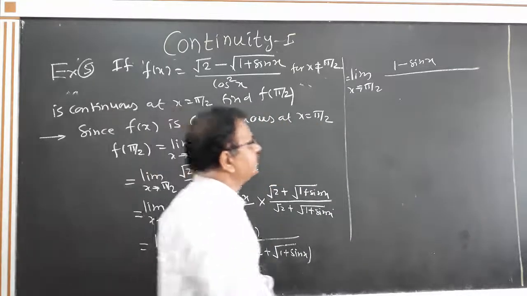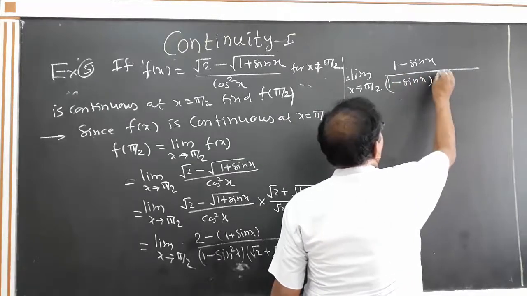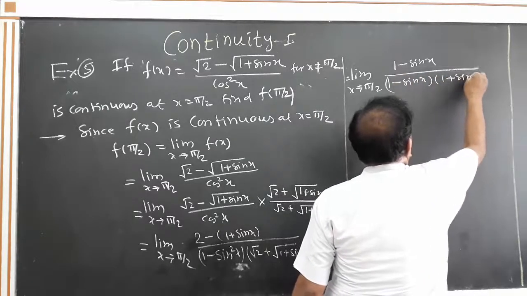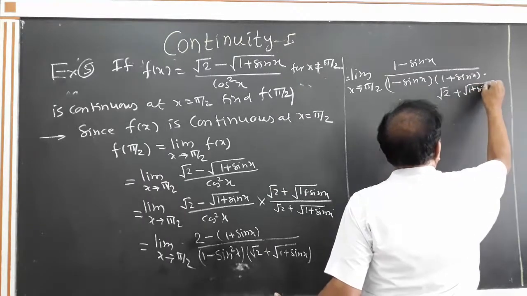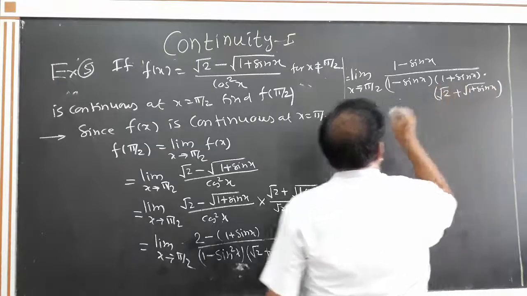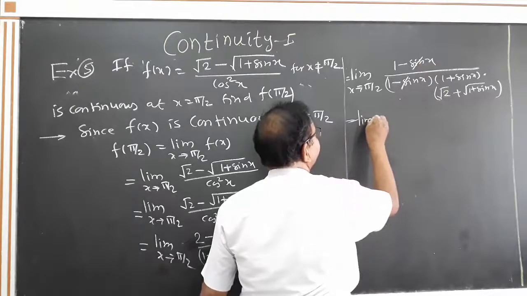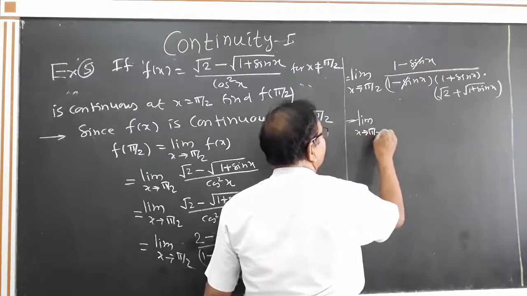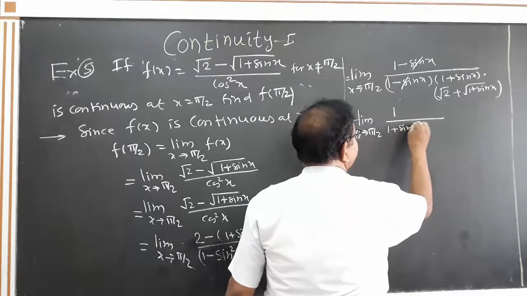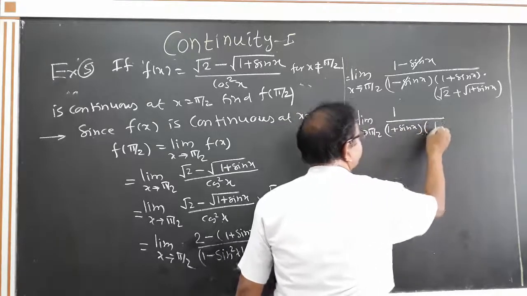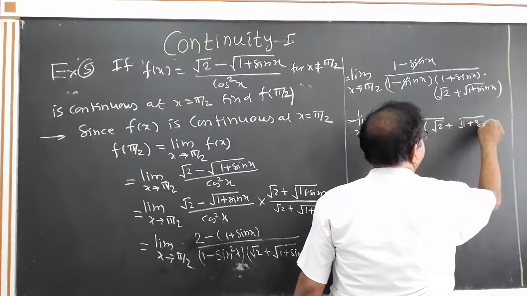Therefore this can be written as (1 minus sin x) into (1 plus sin x) into (root 2 plus root of 1 plus sin x). Now cancelling the common factor, there remains only limit x tends to pi by 2 of 1 divided by (1 plus sin x) into (root 2 plus root of 1 plus sin x).